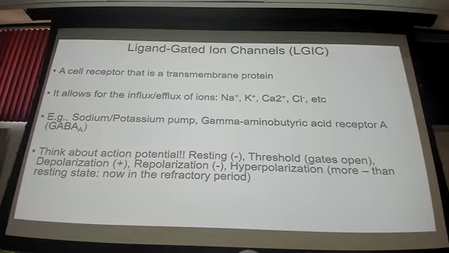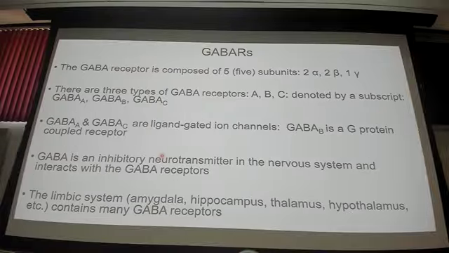For ligand-gated ion channels, those allow for the movement of ions across the intracellular pore. For example, the gamma aminobutyric acid A, GABA A receptors. These receptors are composed of 5 subunits, 2 alpha, 2 beta, 1 gamma.